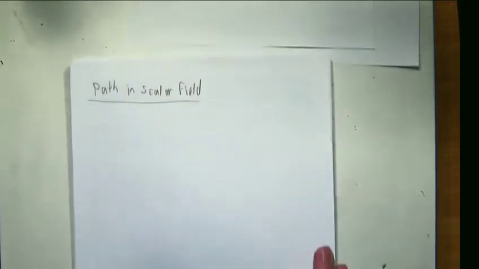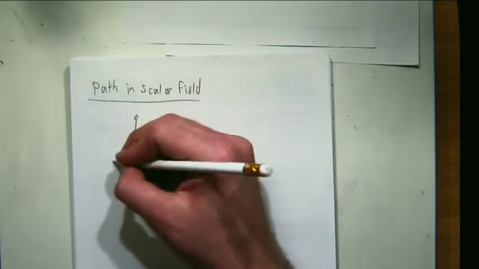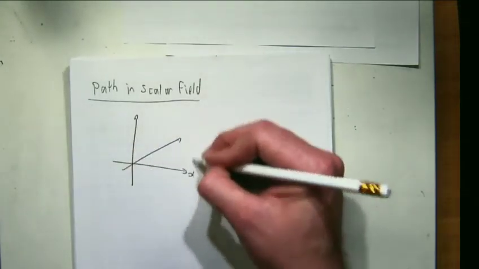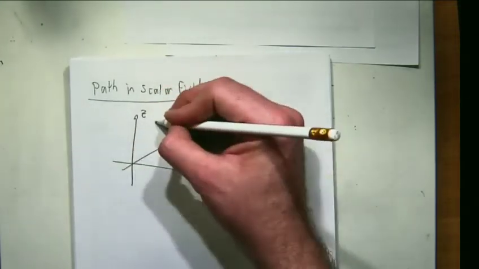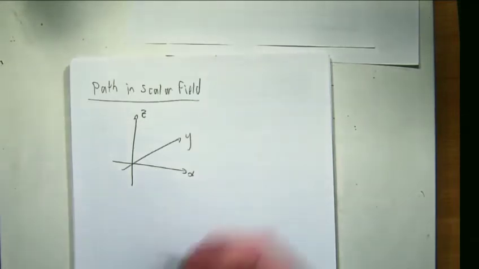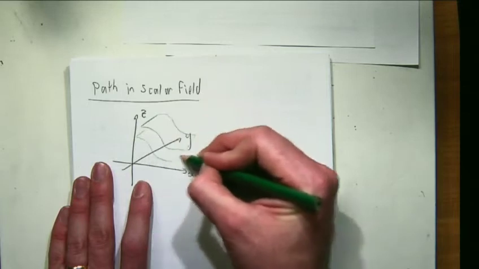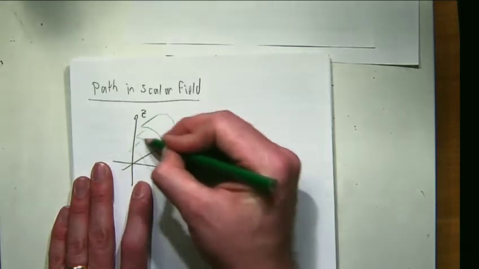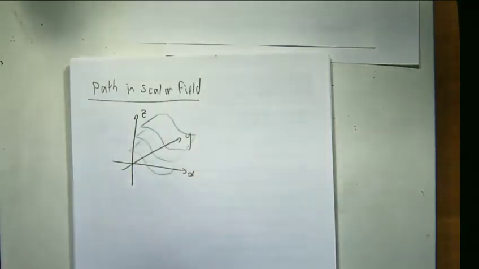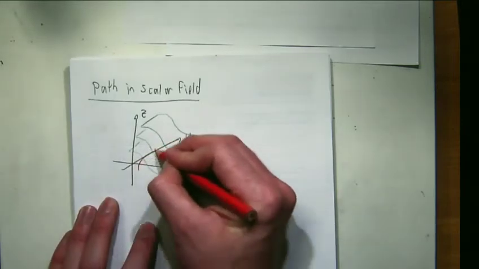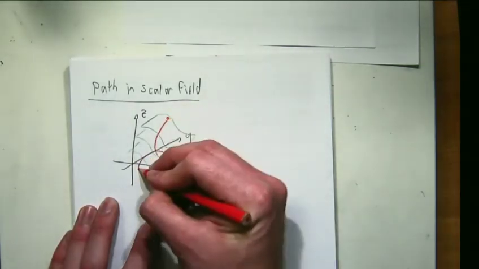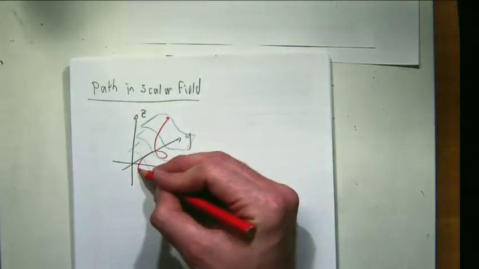Path in a scalar field. So every point had a number, and if I pick any one particular number, I can draw a level surface. And then my path runs through space like that.